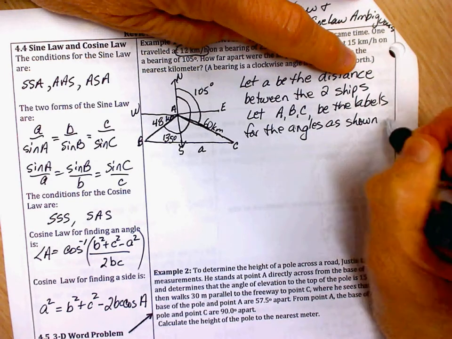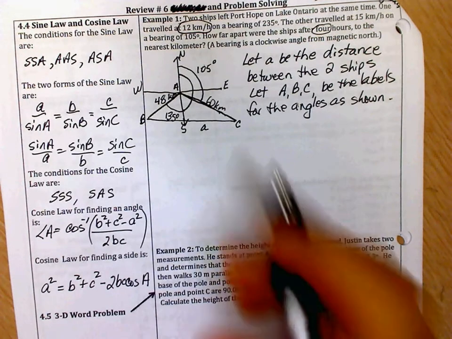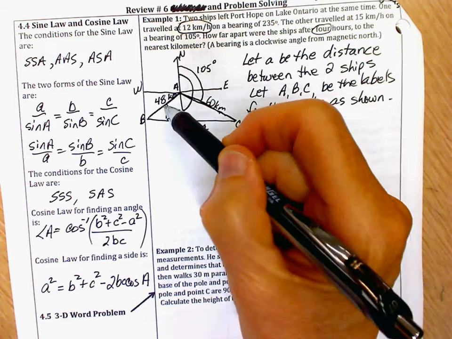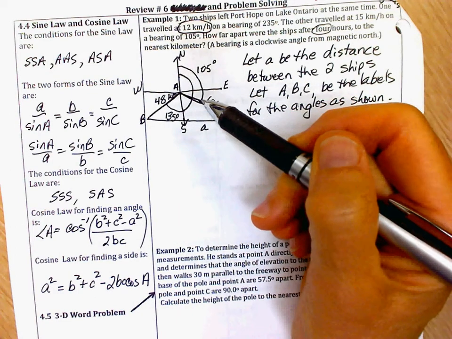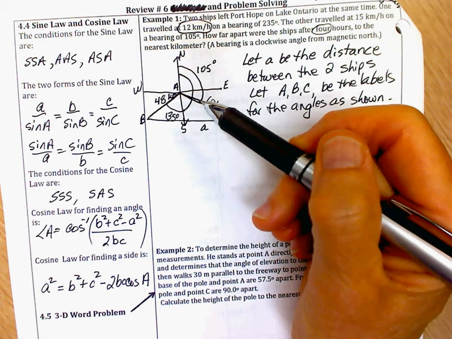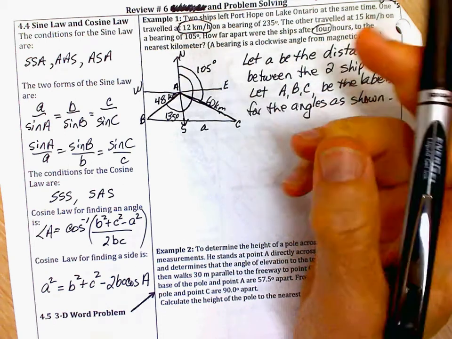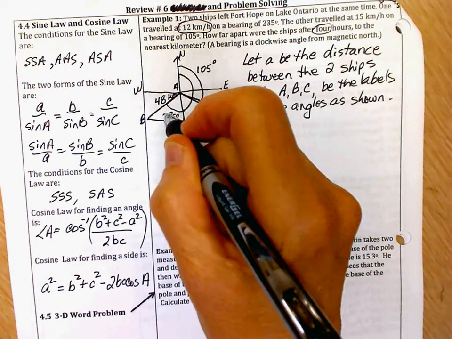Okay, so now we're in a position to find angle A. Angle A will just simply be 135 minus 105, sorry, that should be 235. Yes, that's my mistake. So this is 235 degrees.